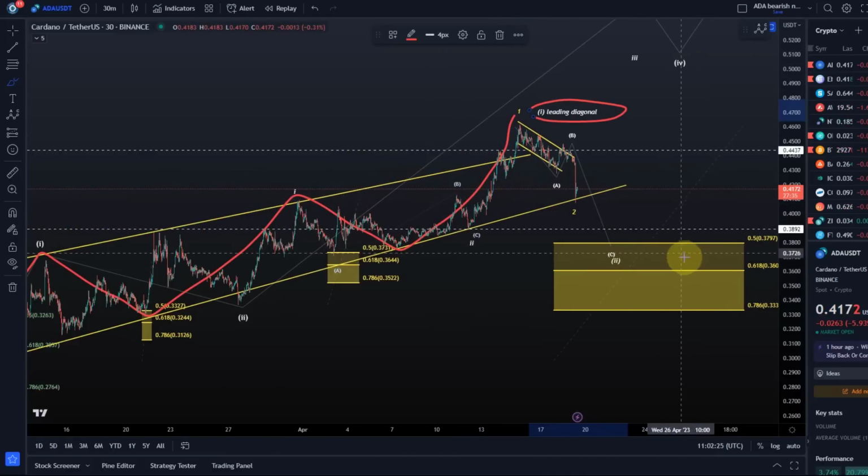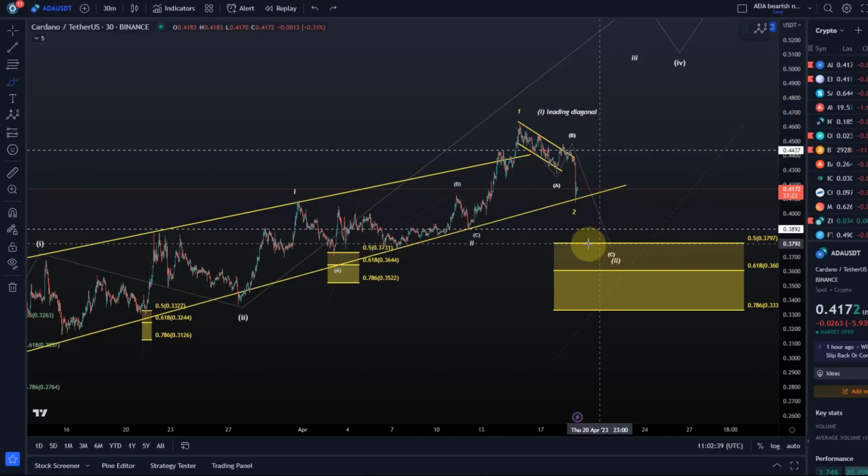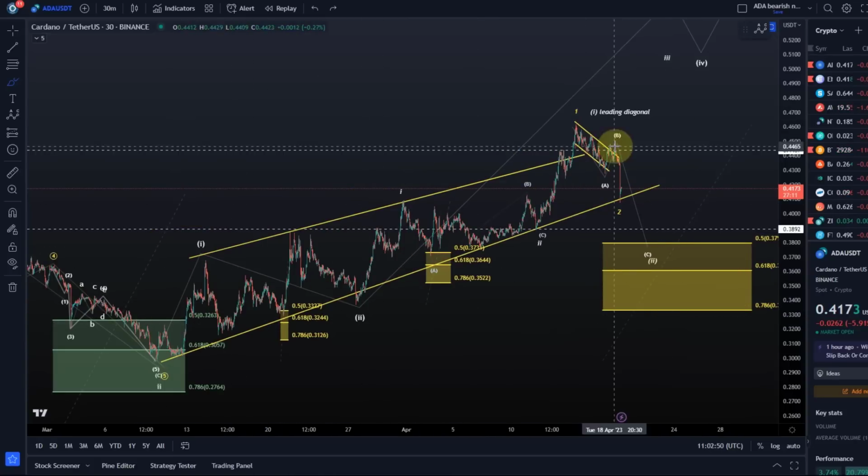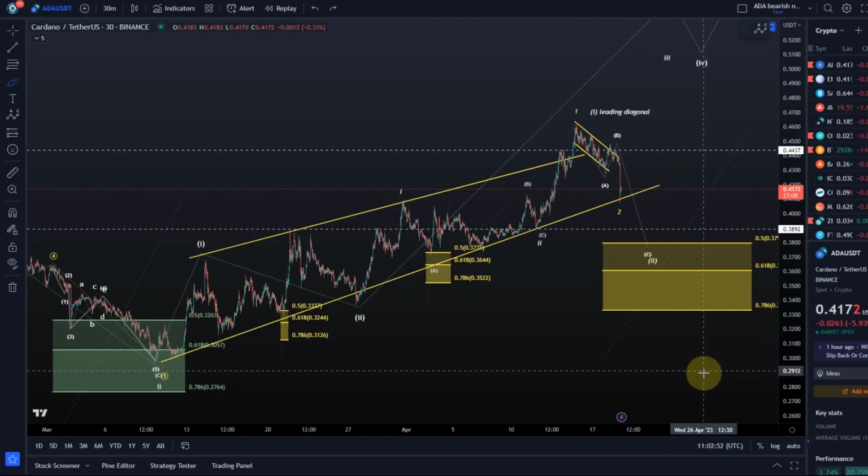We don't necessarily need to get into this area, but what this tells us is that in a leading diagonal scenario, where the wave 2 is basically a corrective pullback, it should ideally go into this area and should ideally not drop below 33.3 cents, because if it does that, then we need to look at this as a corrective wave with a new low to come. So below 33.3 cents, I would probably now, with the latest price information, turn bearish and expect a new bear market low. But until then, I think there is no reason to panic.